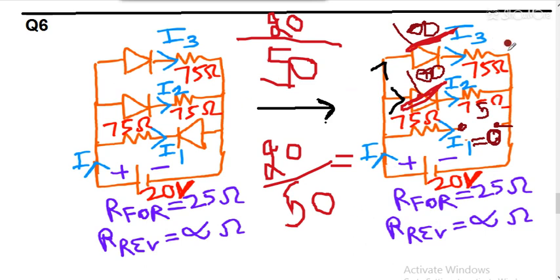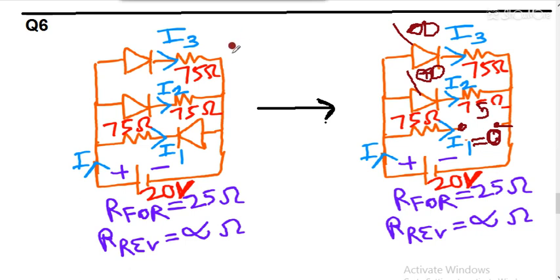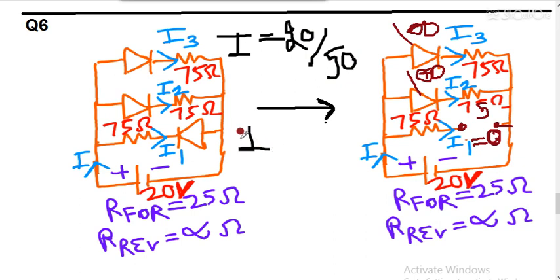So that means for this question I have the answers. I is equal to 20 by 50. So this will be the answer for the total current for this question. And then I2 is equal to I3 because these two branches have equal resistance.